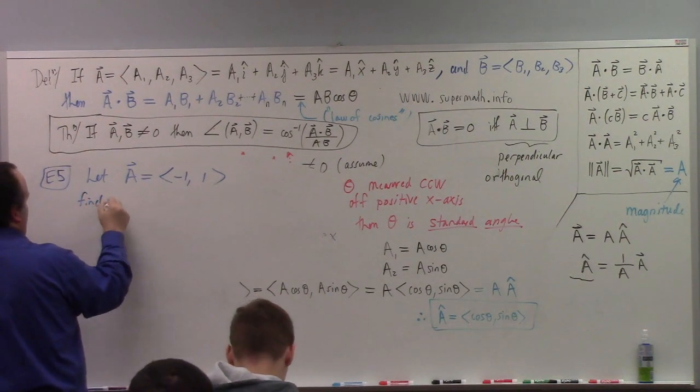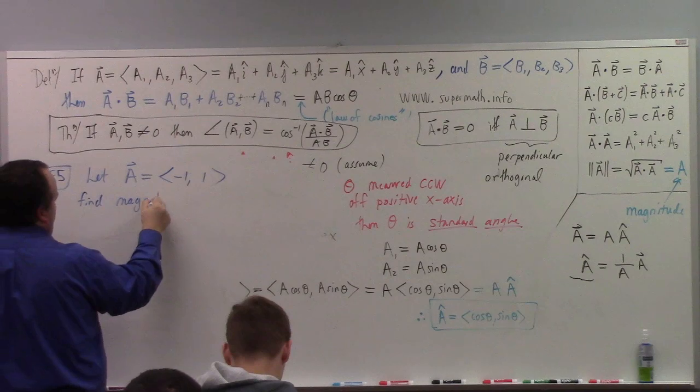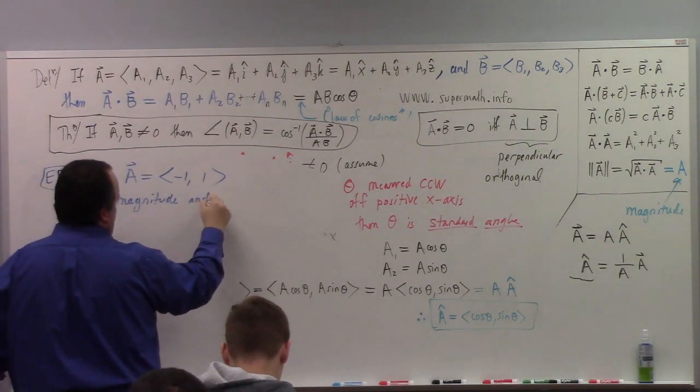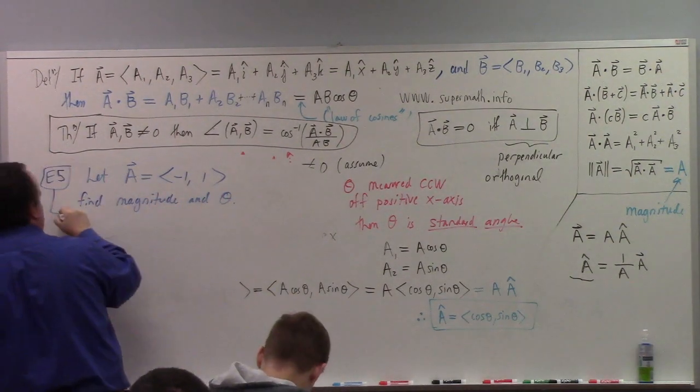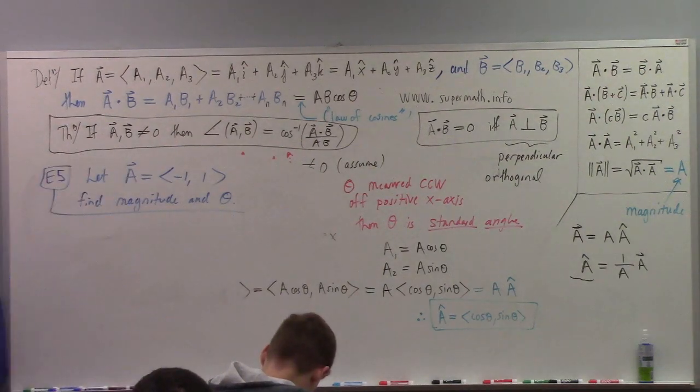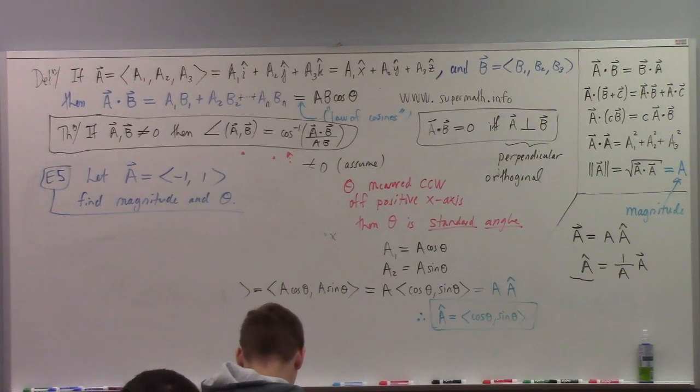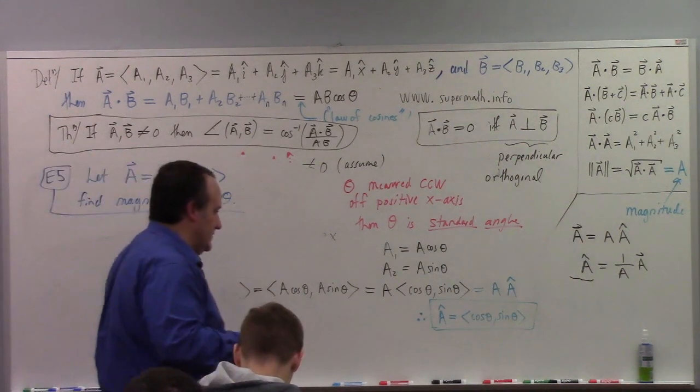Find the magnitude and standard direction. By default, theta means standard angle, but that's not written in stone. Sometimes theta may be given another meaning. Be careful not to assume that an angle is the standard angle if it's not said to be such. It's a good way to lose points.